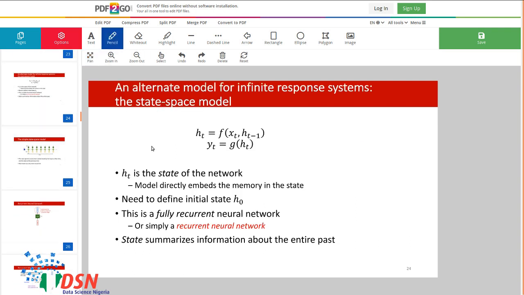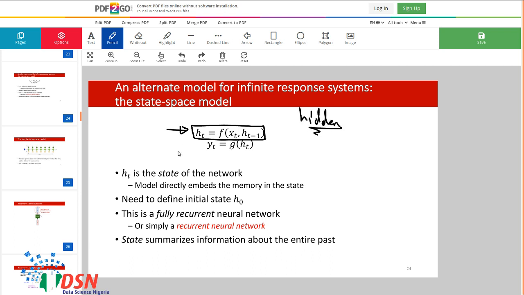An alternate model for the infinite response model is the state space model. In a state space model, we actually create a state for the model. We have H, which in fact shows hidden.